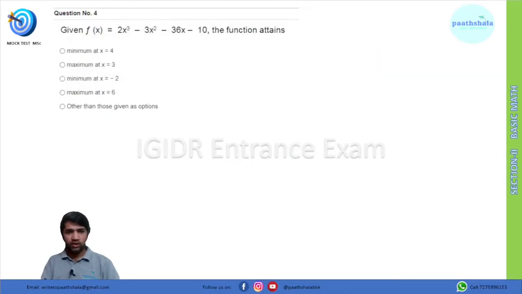Now let's move to the next question. Here it says given f(x) = 2x cubed minus 3x squared minus 36x minus 10, the function attains. Basically we have to check maxima or minima. To check maxima or minima, we first have to find the first derivative. So f dash x will come out to be 6x squared minus 6x minus 36, and now equate it to 0.